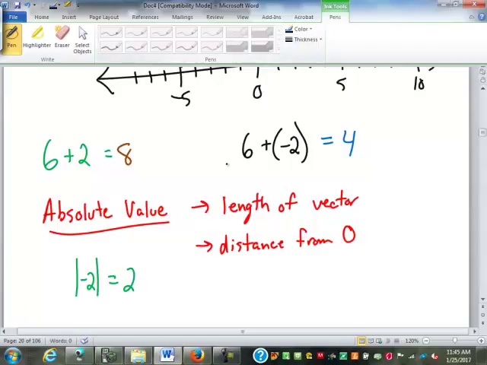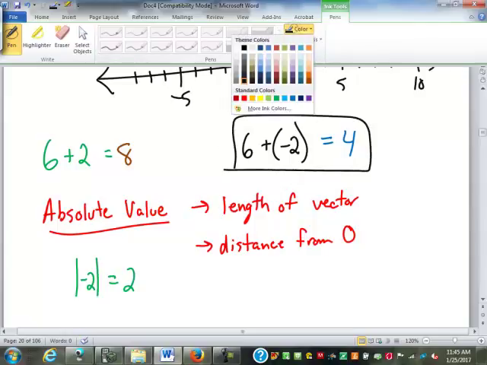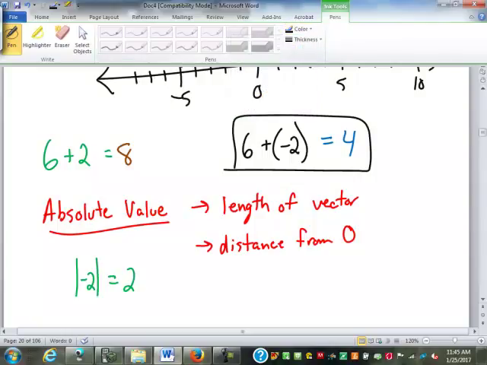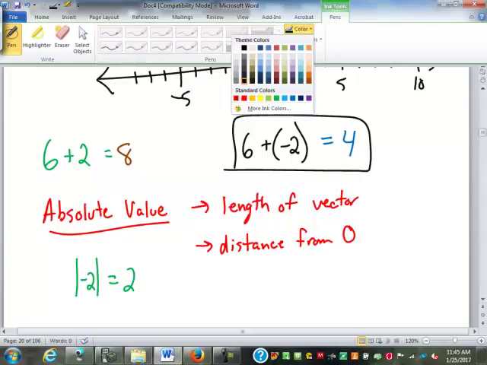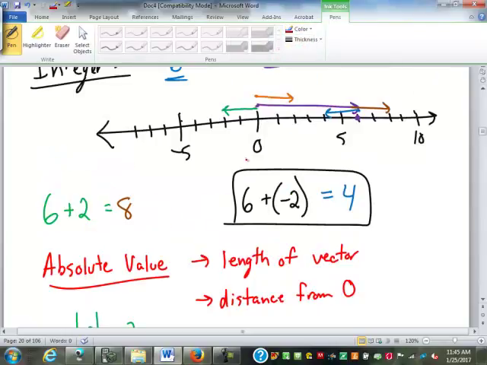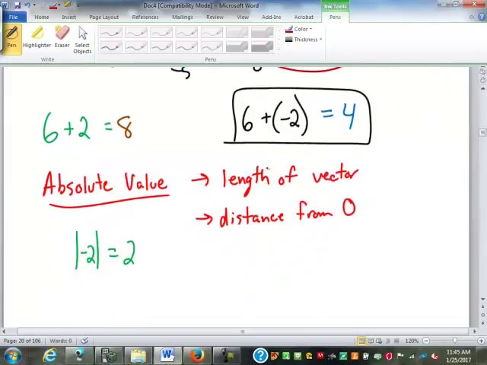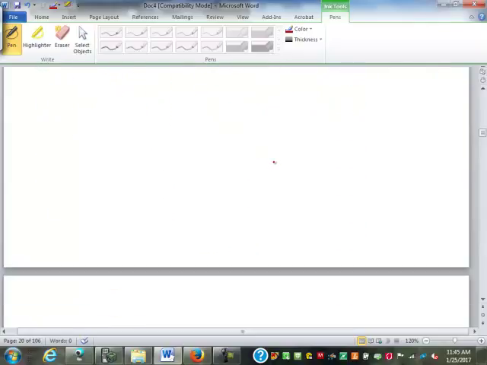So when we're looking at doing an addition here with integers, that absolute value, that length is important, and the direction is important when we're talking about those vectors. I don't draw out the number line like I did up here every time I do operations with these integers, but it does help to have that picture in the back of my head. For example, if I take 14 plus a negative 19.